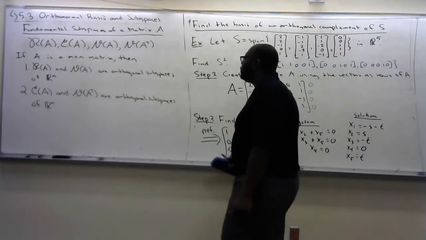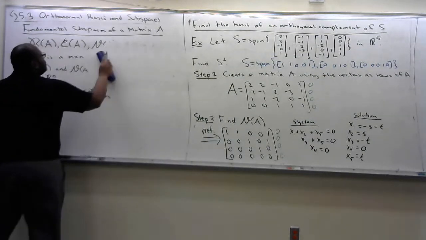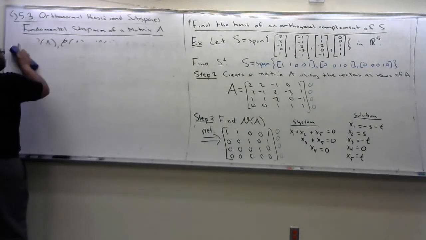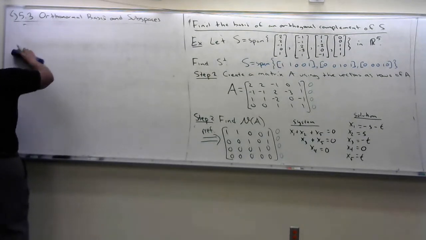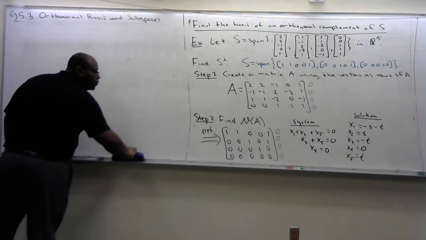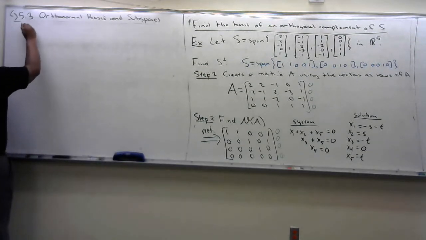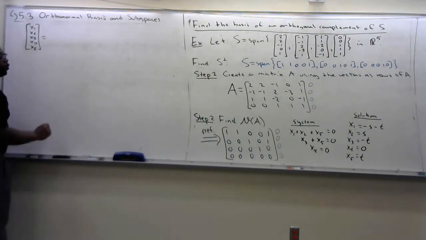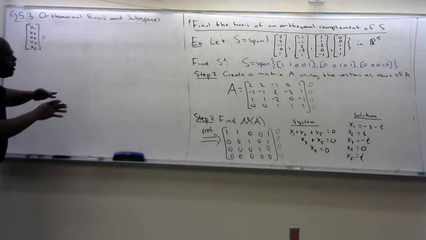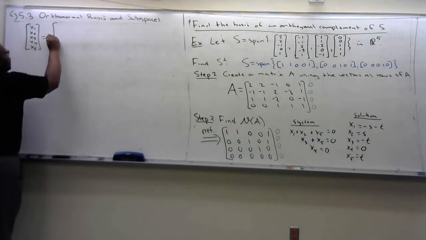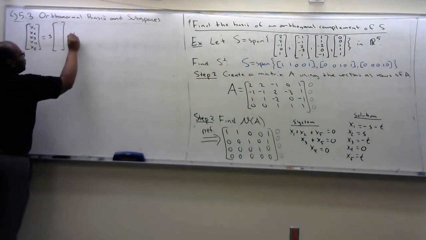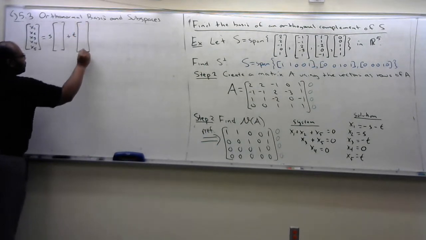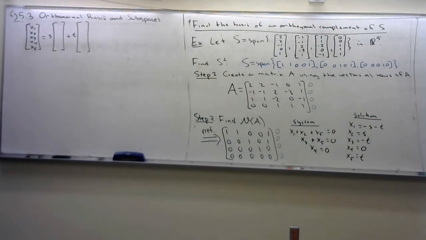So if I write this in vector form, I have x1, x2, x3, x4, and x5. I have two vectors that I'm going to create, one for S and one for T. For S, what do I have inside?